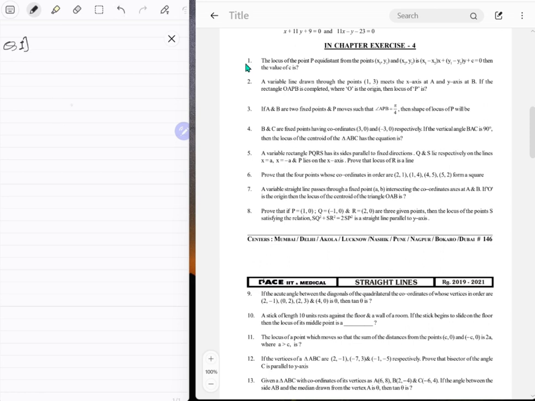Yeah, so the slope from x1, y1 to x2, y2 is just (y2 minus y1) upon (x2 minus x1), and negative 1 upon this slope, that means negative of (x2 minus x1) upon (y2 minus y1).